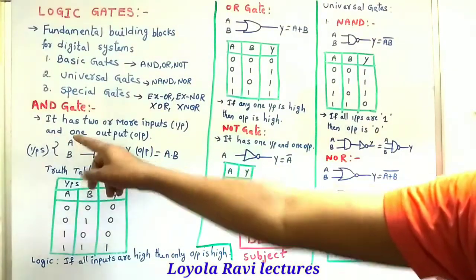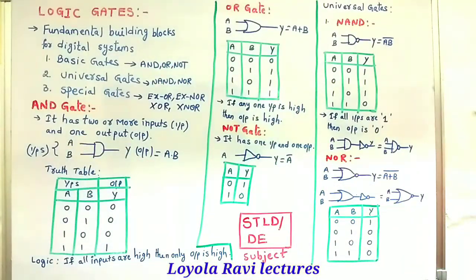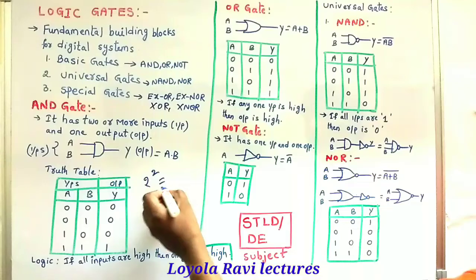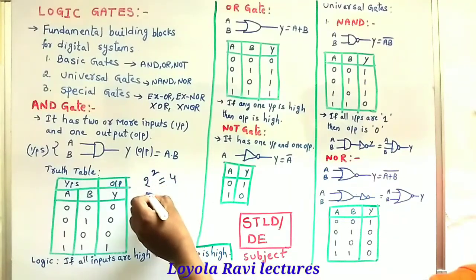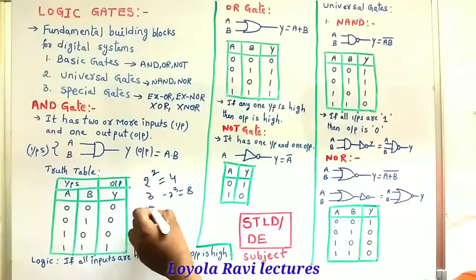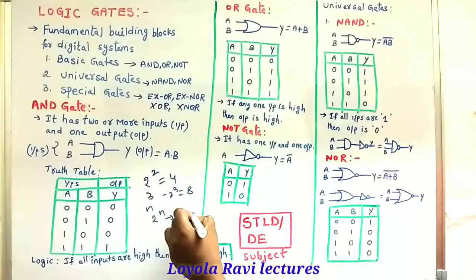Two inputs, A and B. Two inputs means how many combinations? 2 power 2 is 4 combinations. For example, 3 inputs means 2 power 3, that is 8 combinations. N inputs means 2 power n combinations. Remember that. Total combinations are 2 power n for n variables.